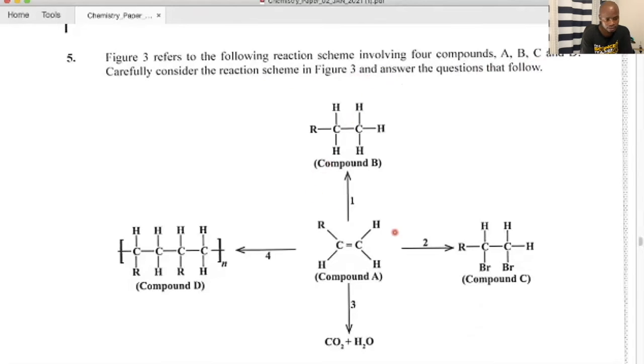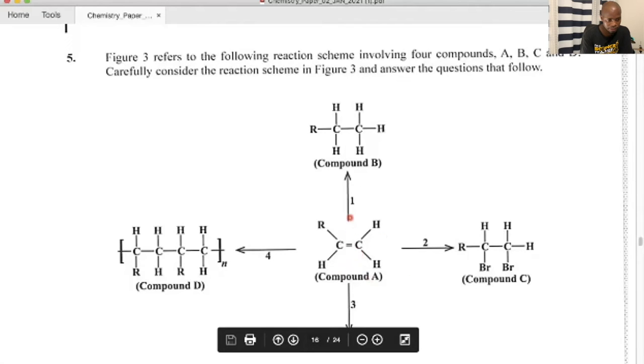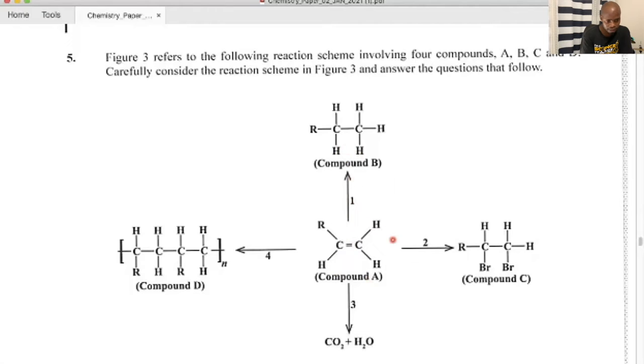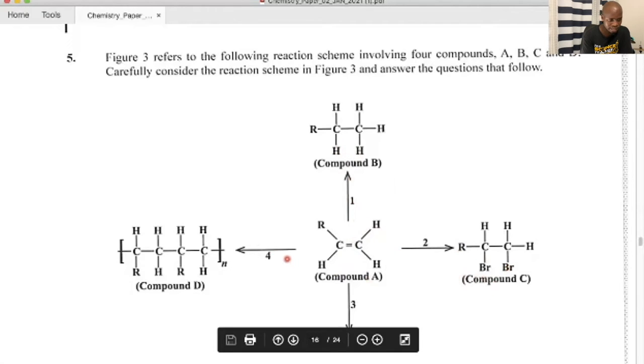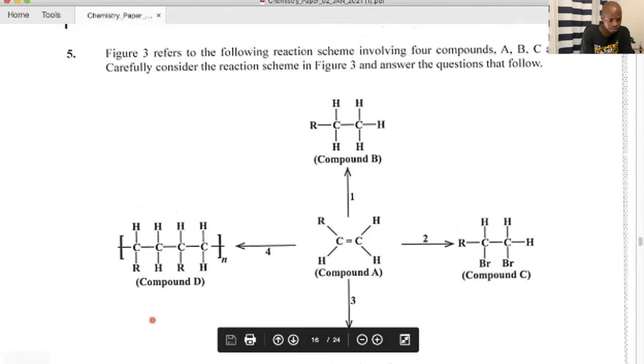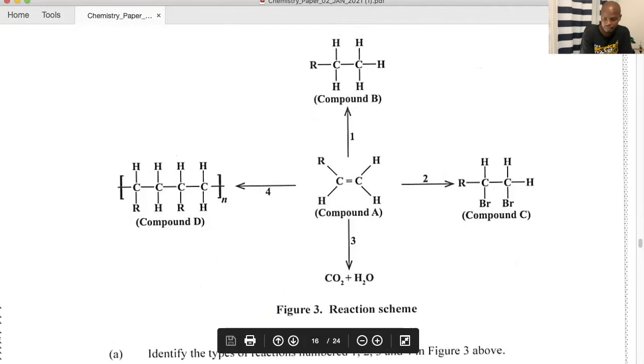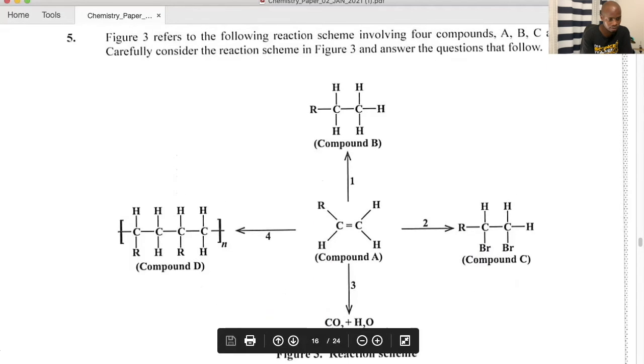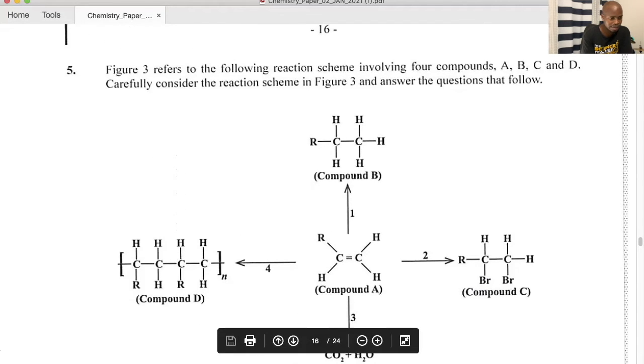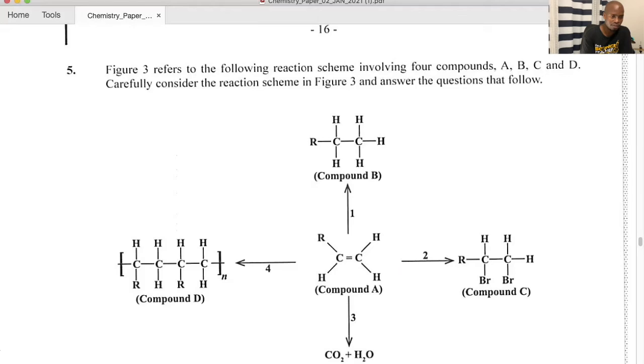So we're given compound A, and we're seeing where a reaction is occurring at 1 to give us compound B. Reaction is occurring at 2 to give us compound C. Reaction is occurring at 3 to give us carbon dioxide and water vapor in this case. And there's also a reaction occurring at 4, and we're seeing the compound that we're getting over at 4.